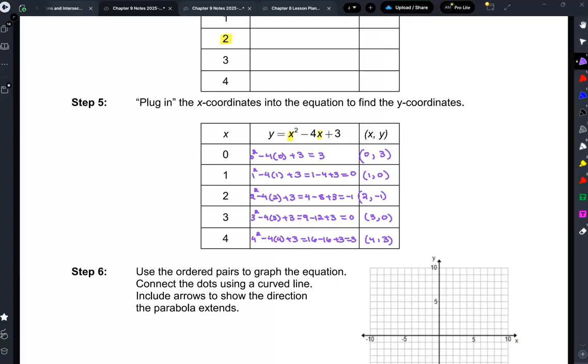It repeats. It goes 3, 0, negative 1, 0, 3. Okay, so it's going to be a parabola. Okay, but let's see why.